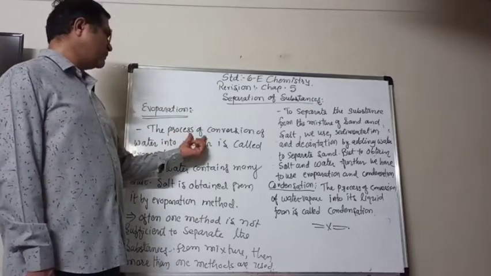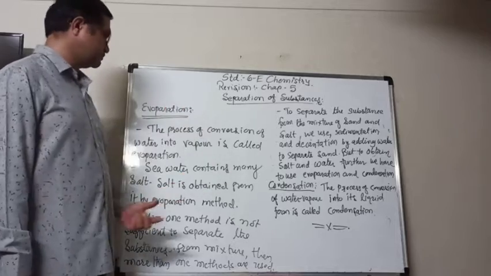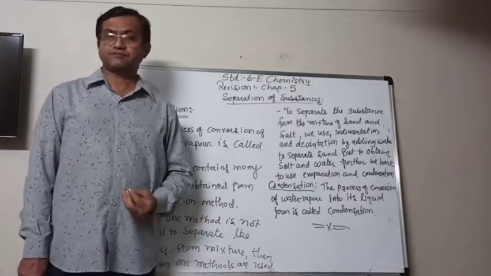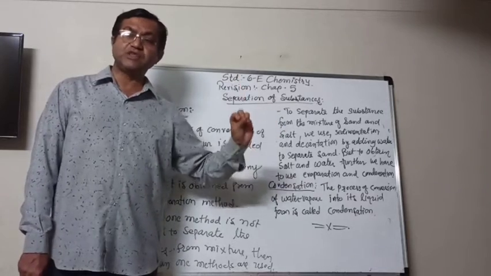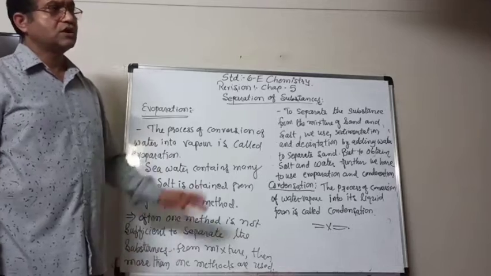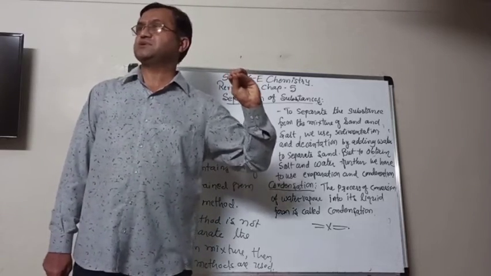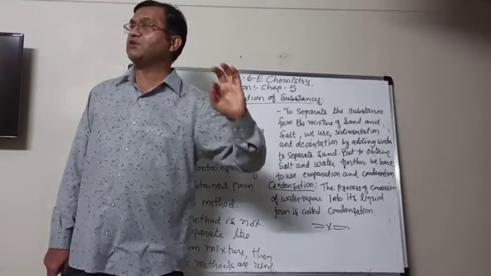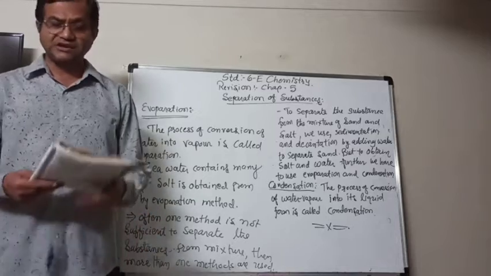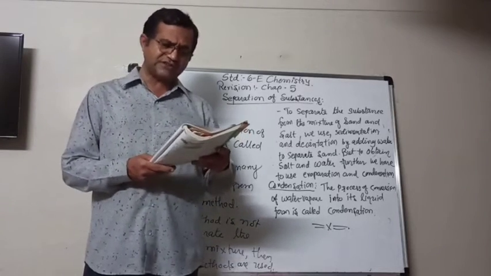So the process of conversion of water into vapor, means from a liquid to gas, that process is known as evaporation. The evaporation takes place at all places where the water is present. Whenever the water is present, the evaporation process is always taking place.